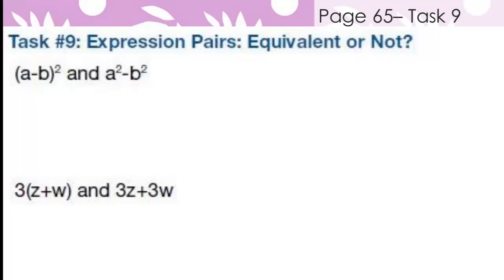Is that equivalent? All right, so let's see. Equivalent and not equivalent. Anybody have any ways to prove it?